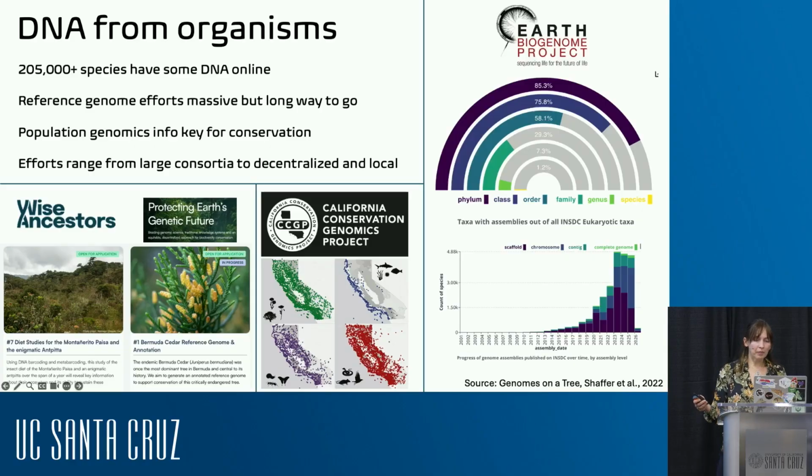And then I'm not going to go through all of them, but I'm going to go through one more, DNA. DNA from organisms. There's a lot of organisms that have been sequenced so far. Counting some DNA sequences from the 80s when we started sequencing species, having at least a little bit of DNA in a public database, there's 205,000 species. But for reference genomes, we have a long ways to go.